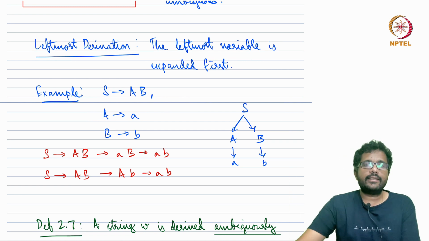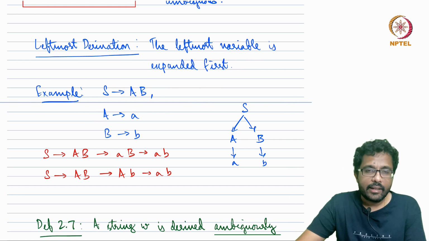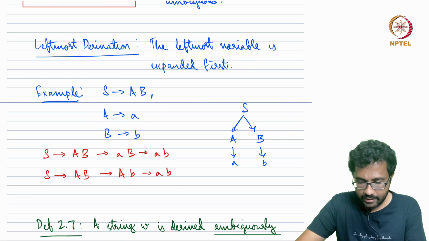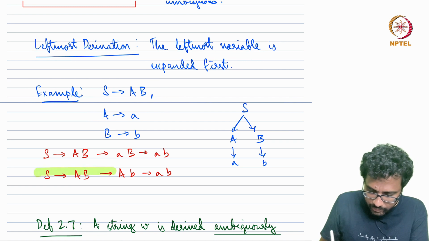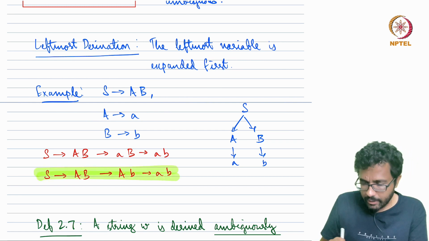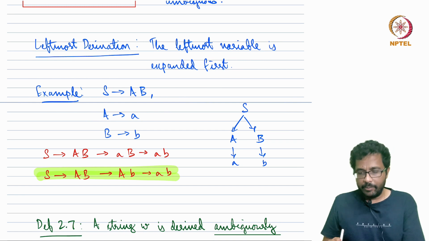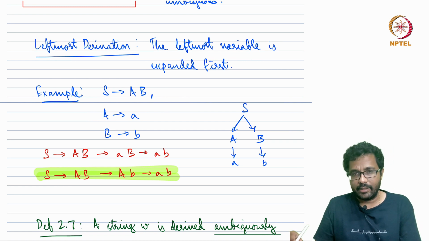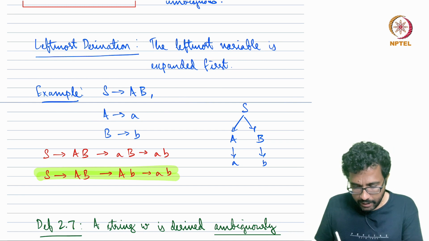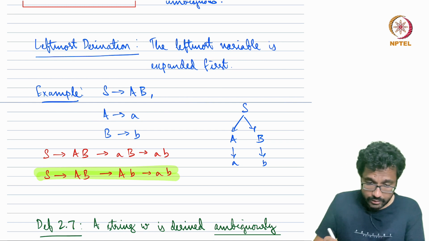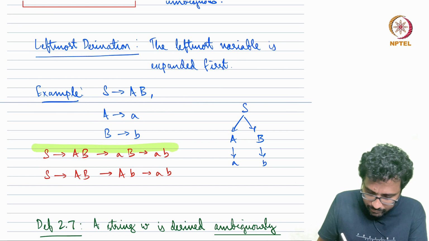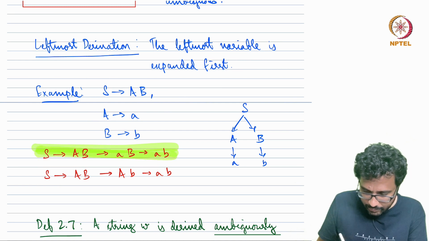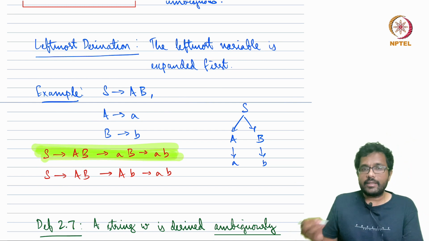So suppose I had insisted that I always expand the leftmost variable first, then only the first derivation will meet that condition, because here we have A and B and we replace A first.